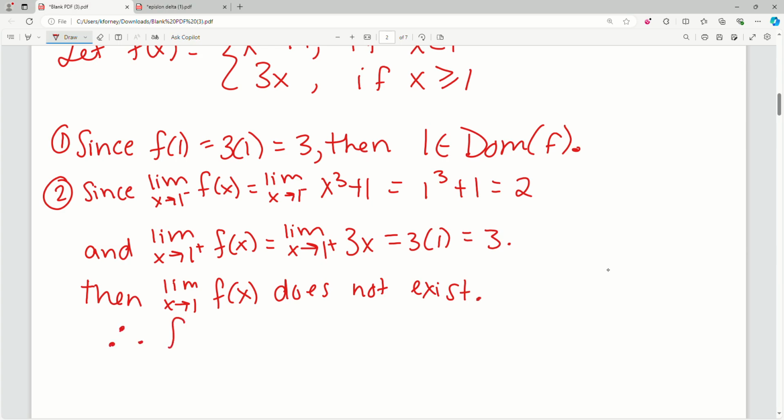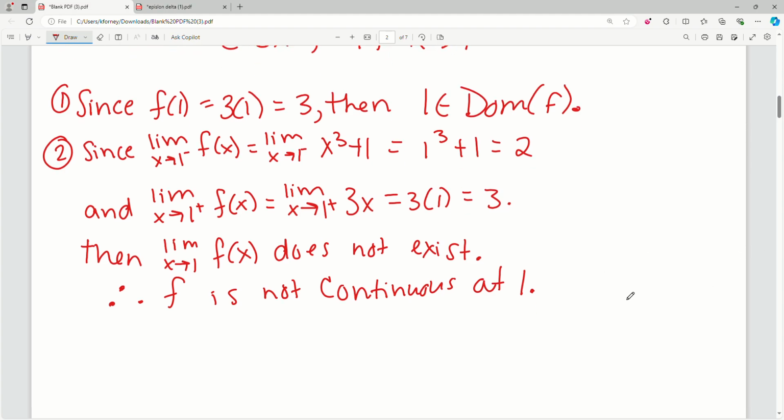Therefore, f is not continuous at 1. The limit from the left and the limit from the right have to be equal for the limit to truly exist at that number, at 1.